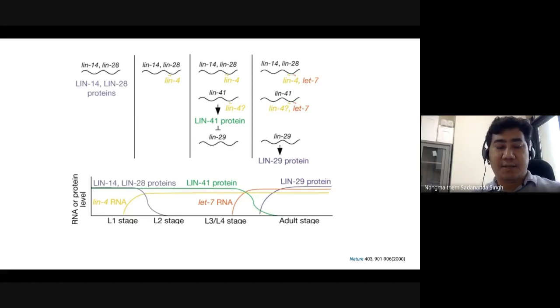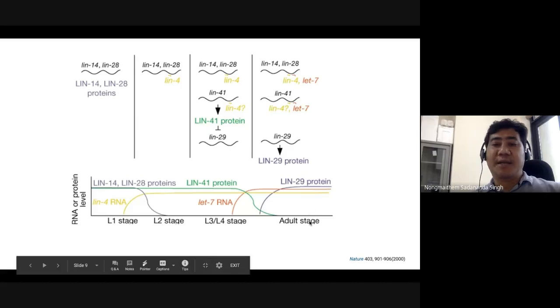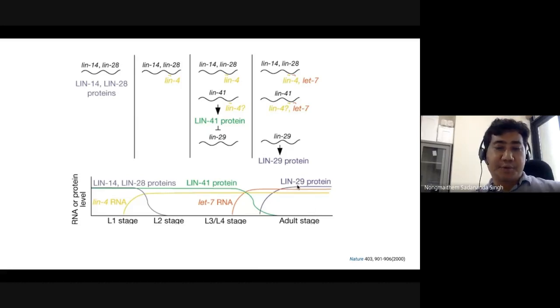At certain stages of development, certain microRNAs allow the transition of the stage by inhibiting the expression of certain proteins, like lin14 is regulated by lin4, and lin41 is regulated by let-7, giving rise to an adult stage which is marked by the expression of lin29 protein.